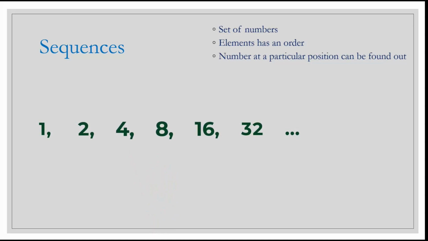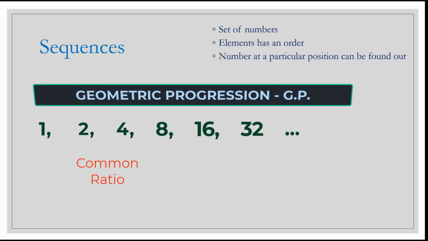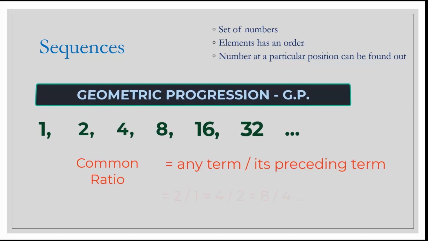Unlike in an arithmetic progression, here we get each element by multiplying its previous element with a fixed value. This fixed value is called the common ratio and the sequence is called a geometric progression. The common ratio can be found by dividing an element with its previous element.